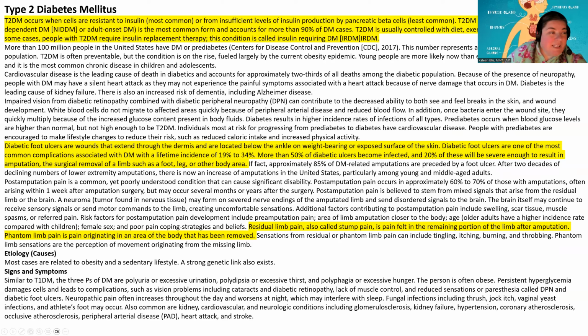Type 2 diabetes occurs when cells are resistant to insulin. All right. They have insufficient levels of insulin production. Or I should say, it's either they are resistant to insulin, which is the most common, or they have insufficient levels of insulin that's actually being produced by the pancreas.